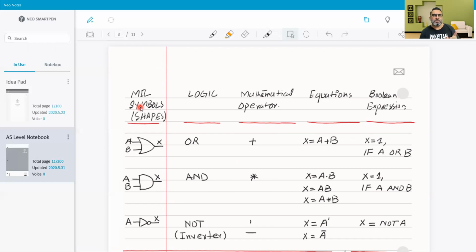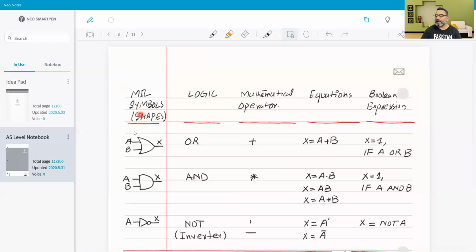Before these organizations were made, it was just the militaries, especially the US military, who used to do all this research and standardize the engineering. So the US military first formalized these shapes, and with that reference to the origination, they informally call them military symbols.